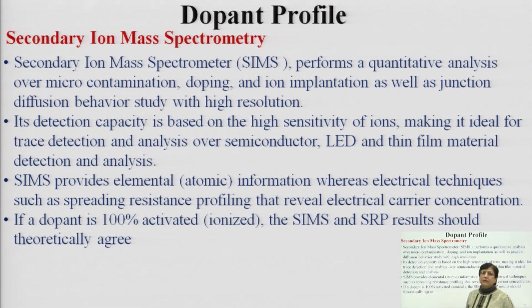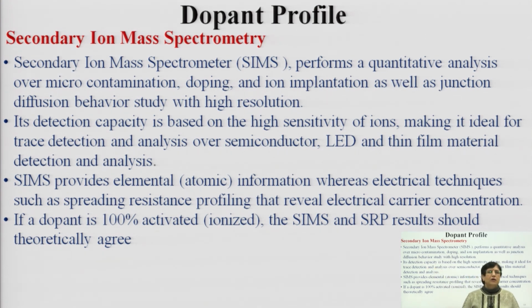Second is mass ion spectrometry. You already know this, as it has been studied. This is a quantitative analysis where secondary ions are provided, and if you have charged active species inside the bulk, they will be sputtered out and you can measure them.